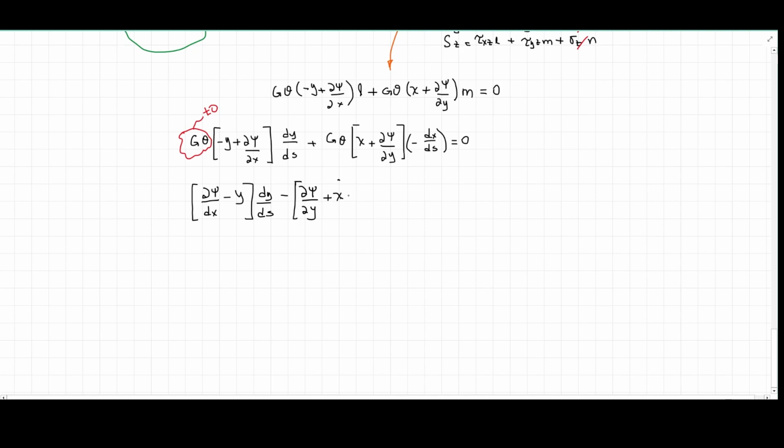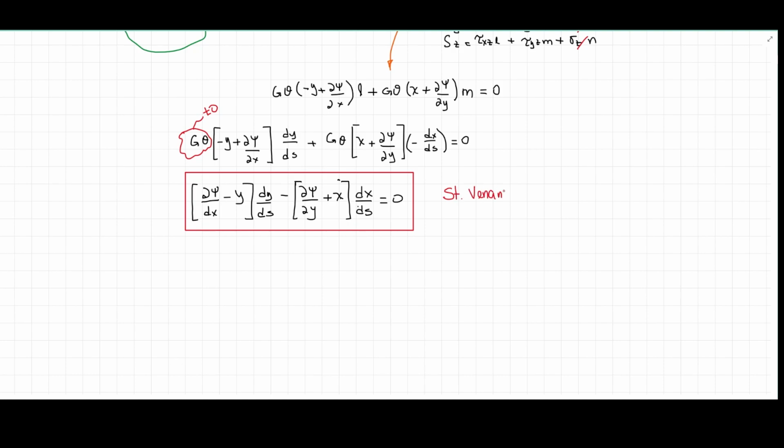Plus x, then dx ds equals 0. Now, this equation here is known as the Saint-Venant formulation.